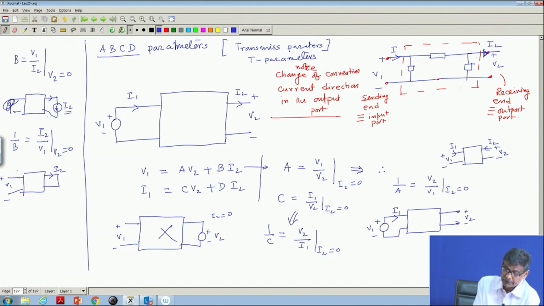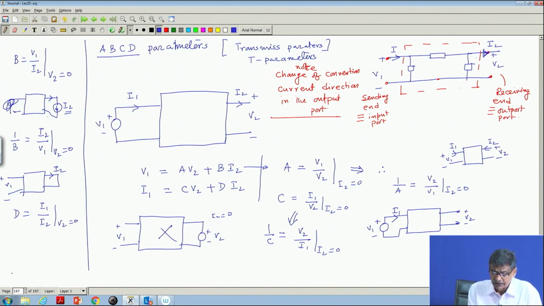Finally, the parameter D, in the same way it can be calculated. How to find out parameter D? The D parameter is equal to I 1 by I 2 with V 2 equal to 0.